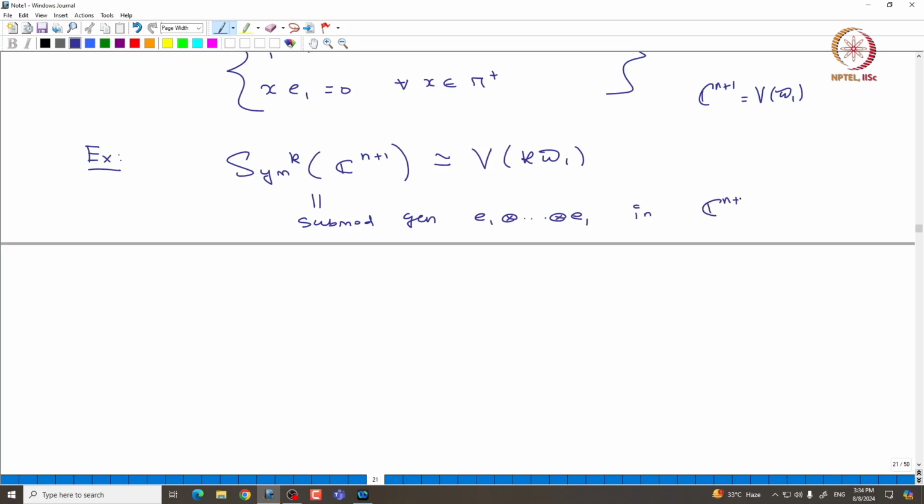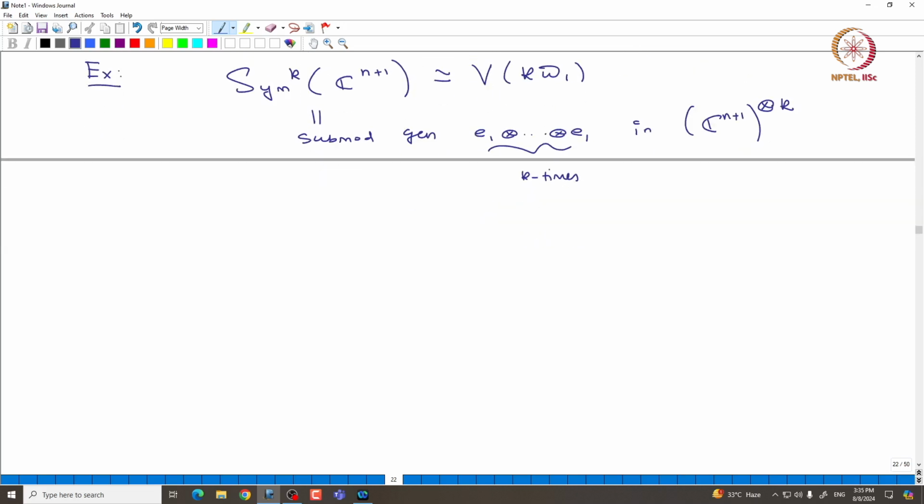You take this representation C^{n+1}, take k tensor copies, then inside that you look at the submodule generated by the k-fold tensor e_1 tensor etc. tensor e_1. That will be your symmetric power. So, now one can actually use this. Okay. So, let us outline what the computation is in order to prove this.